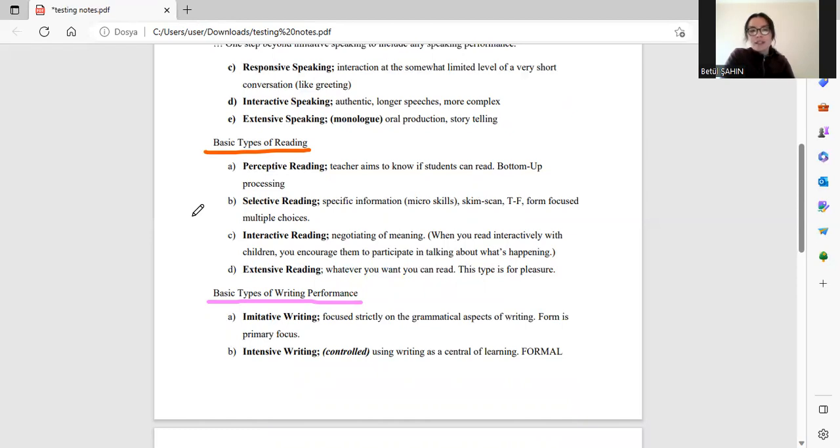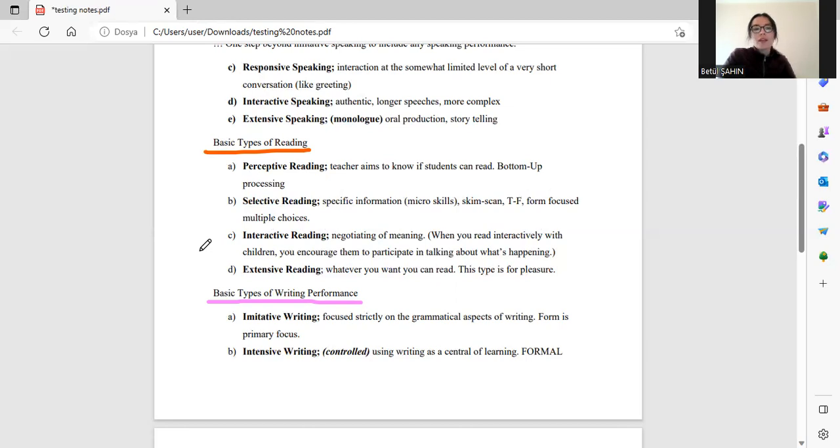And selective reading, like the others, is selective, specific information. This includes microskills, skimming, scanning, true false questions, and form-focused multiple choice can be examples.